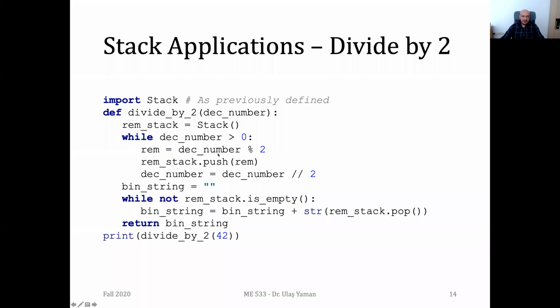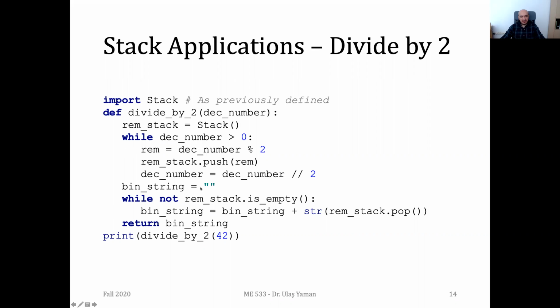Since this was giving the remainder, the decimal number is not changed, but we want to have a new decimal number, which is almost half of the previous value. So we do division here, and then continue these operations until the decimal number is equal to 0. We will have many remainders, and these will always be in the stack data structure.